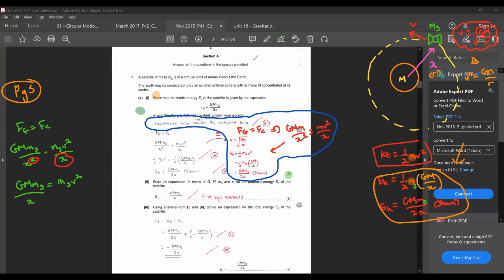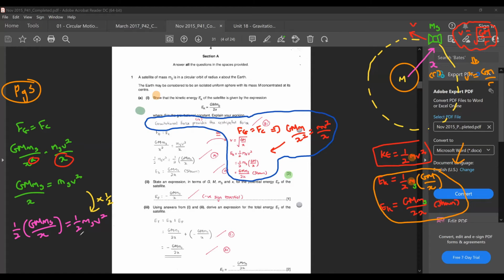Then what you're trying to do here is make this form into half mv squared. So you need to multiply by half on both sides of this equation, which in turn becomes GMm_s over x equals to half m_s v squared.